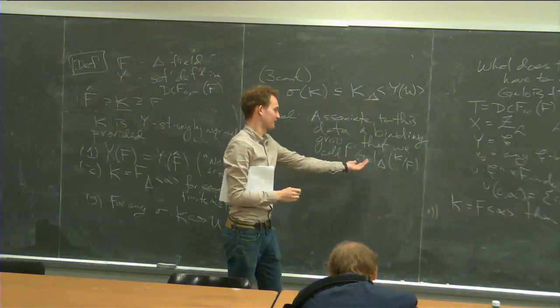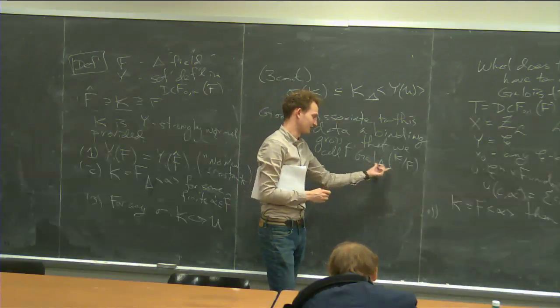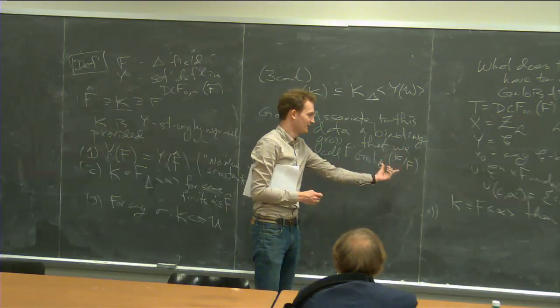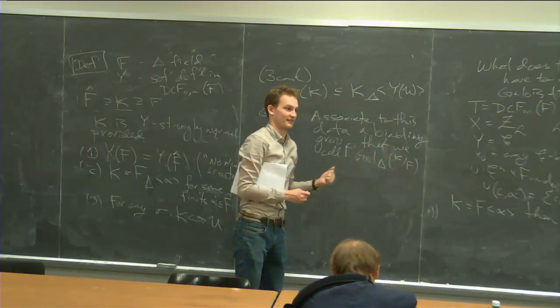If we just take our definition of our Galois group to be the set of differential automorphisms of K fixing F, we want our binding group to be exactly that.